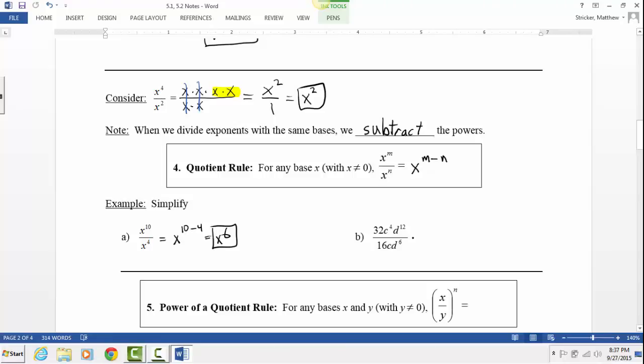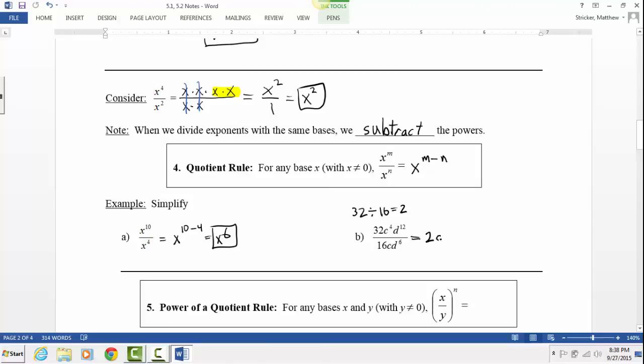Okay, then we also have one more of these. Now with the numbers, those aren't exponents. The 32 and the 16, those are just straight numbers, so we divide them like normal. And we know that 32 divided by 16 is 2. So this is going to be 2.